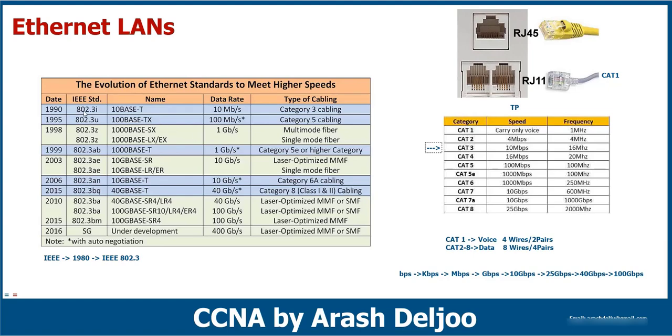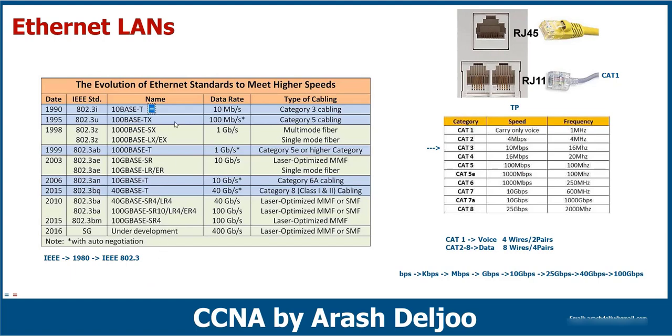After that, you can see the code of this standard, IEEE 802.3i, where i means initial, for example, okay, and this is Cat 3, 10 megabit per second. The other name of this standard, the name that you will see in some of the slides in this course, is 10BASE-T.